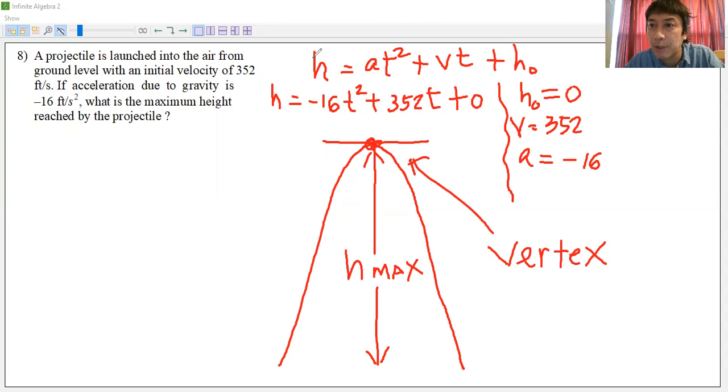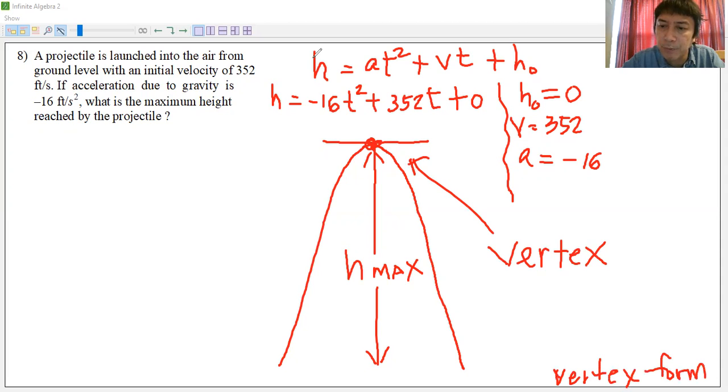So all we need to do is set up the vertex form. We shall make use of the vertex form. We can do that by completing the square, and we'll be able to get the vertex form of the equation.